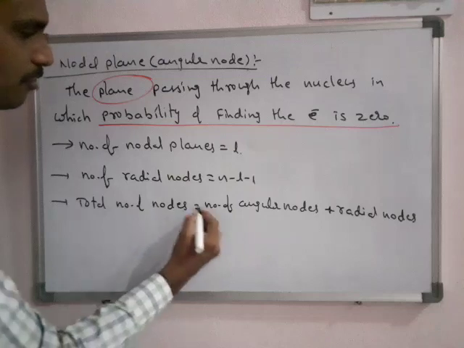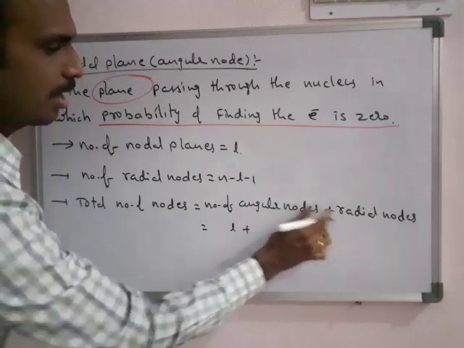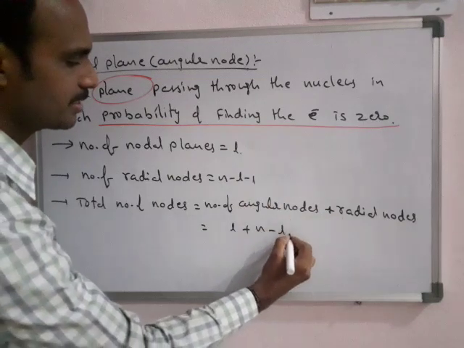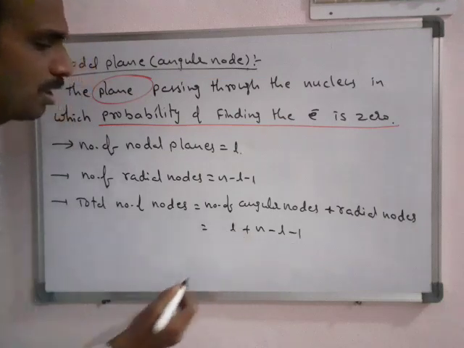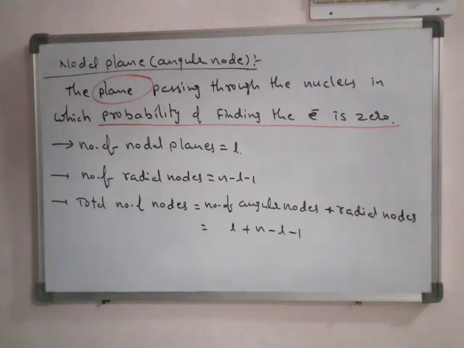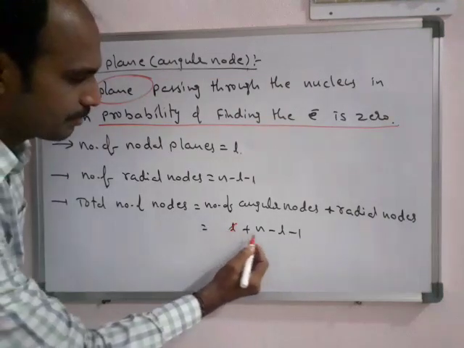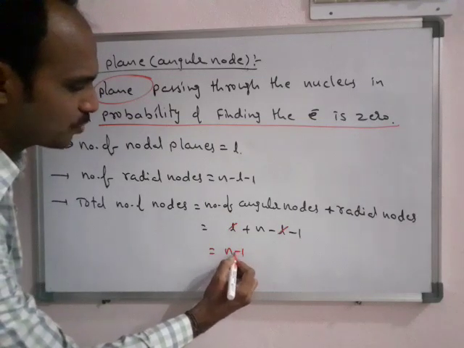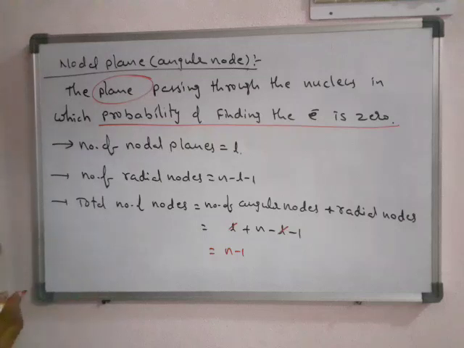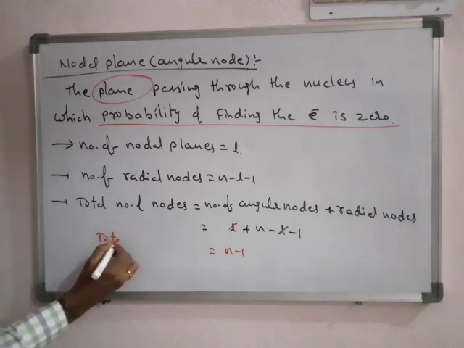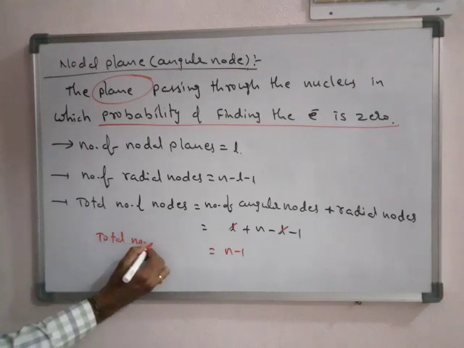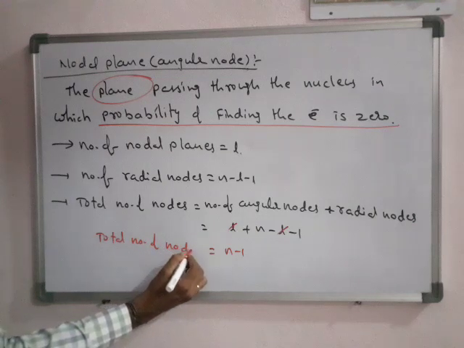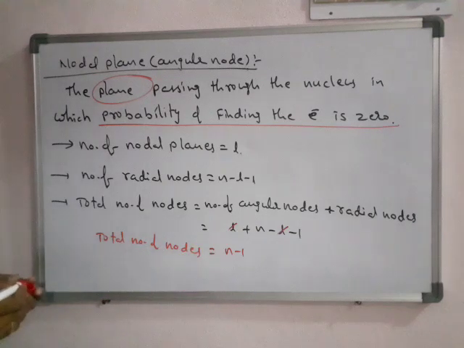Now just write the formula: that is l plus n minus l minus 1. So plus l minus l cancels. Finally we get n minus 1. Means the total number of nodes is equal to n minus 1.